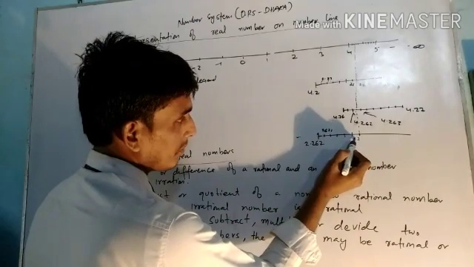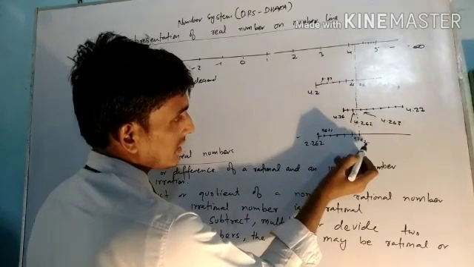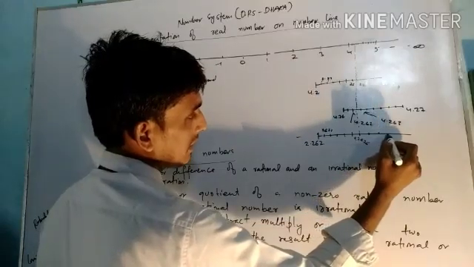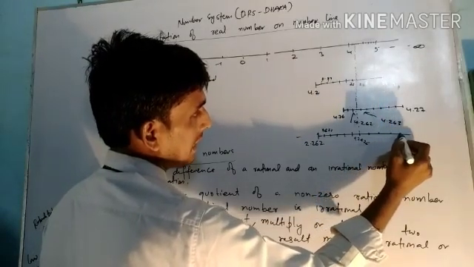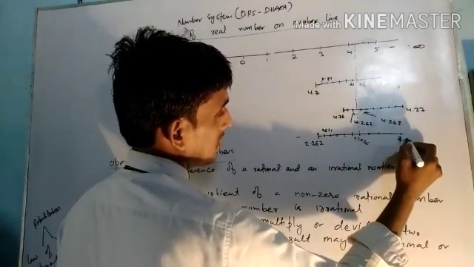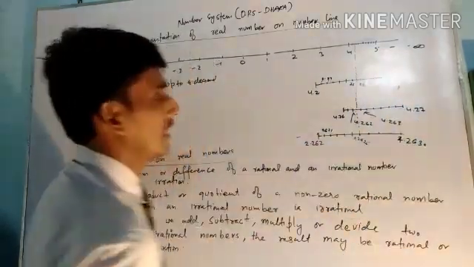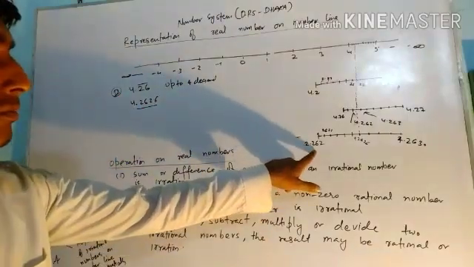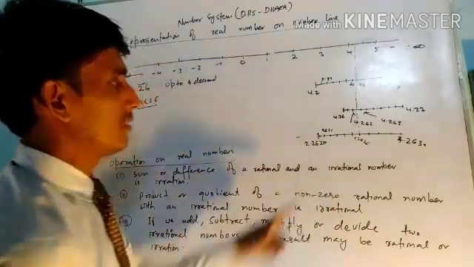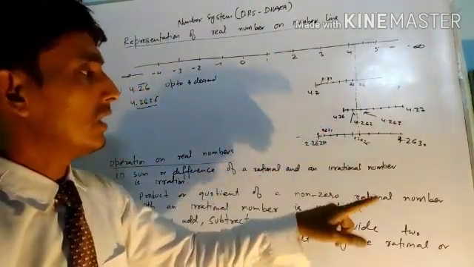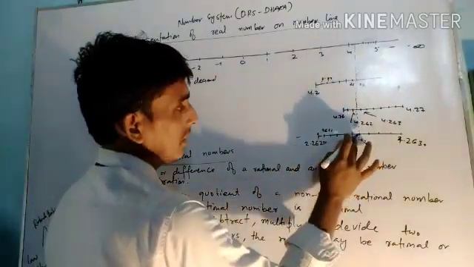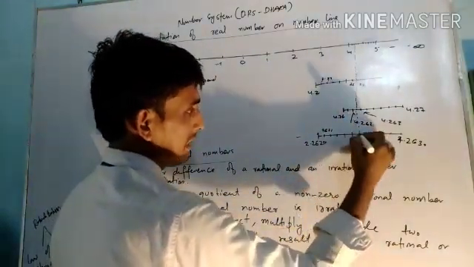This is 4.2626 and this is 4.2627, 4.2628, 4.2629 and 4.2630. This is 4.2620, then 21, 22, 23, 24, 25, 26. So our number on the number line can be represented here.